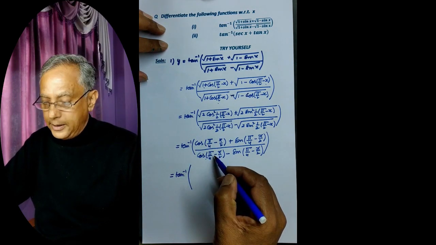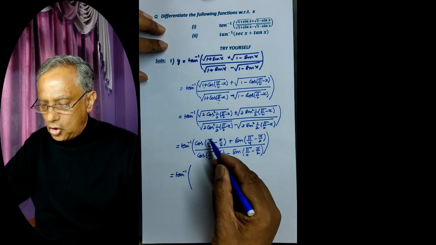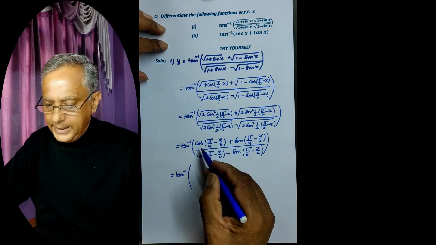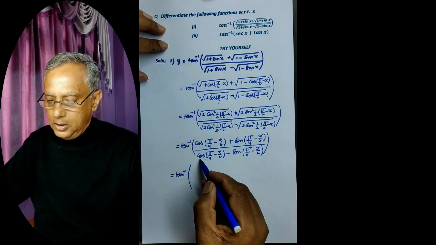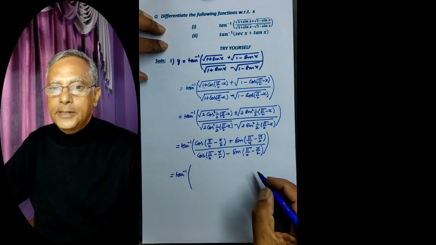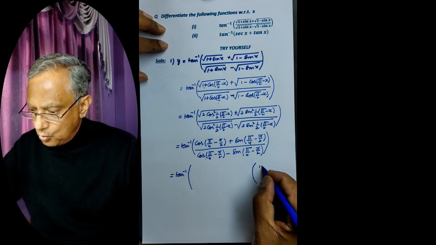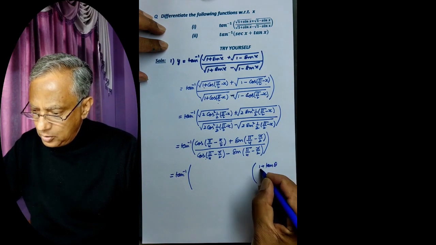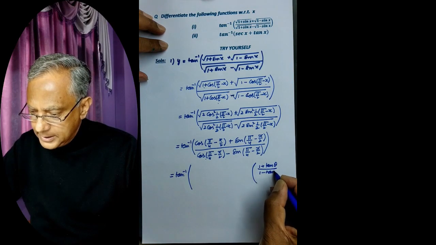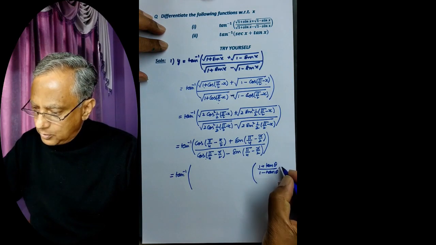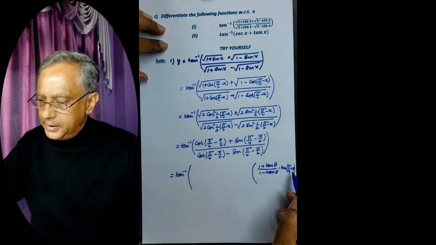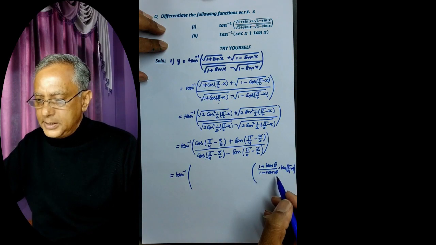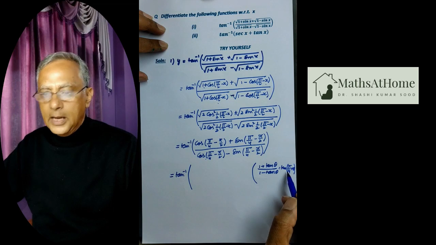Now if we divide numerator and denominator by cos of this angle, we will get 1 plus tangent theta over 1 minus tangent theta, and we know 1 plus tangent theta over 1 minus tangent theta is equal to tangent of pi by 4 plus theta. Tangent of 45 plus theta is 1 plus tangent theta over 1 minus tangent theta.